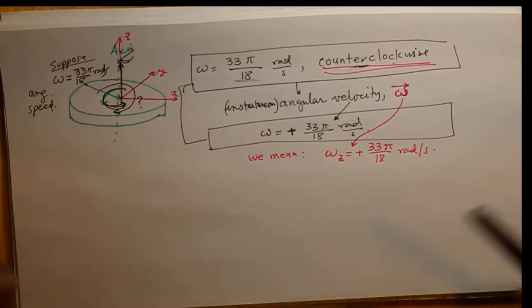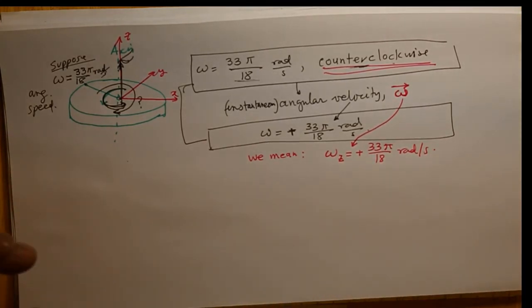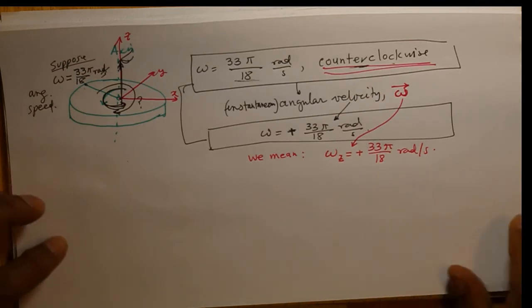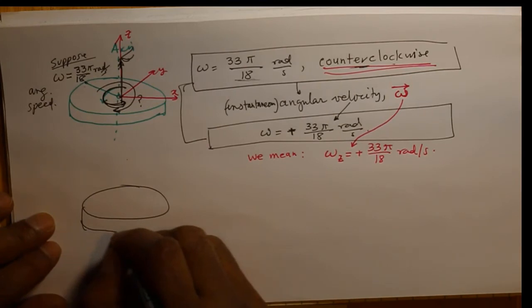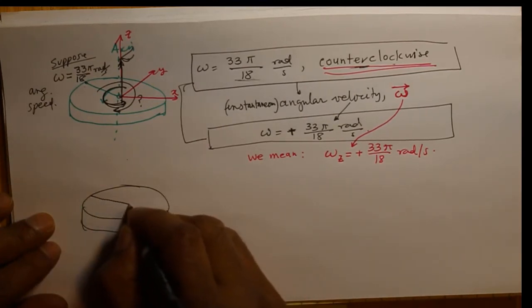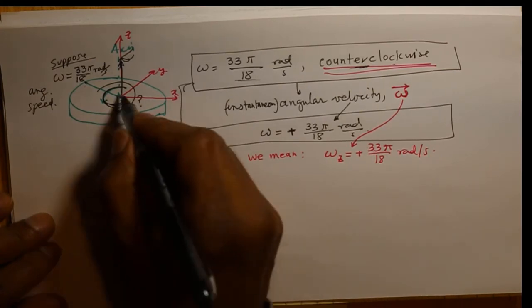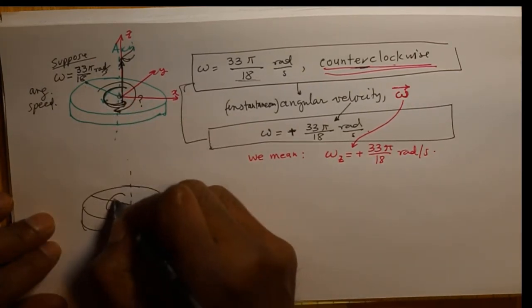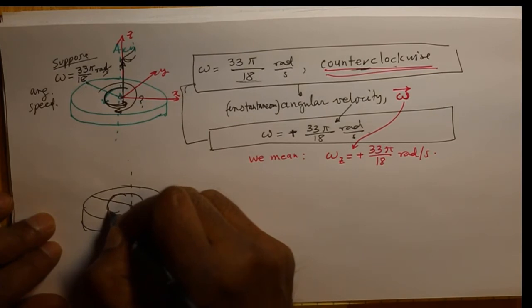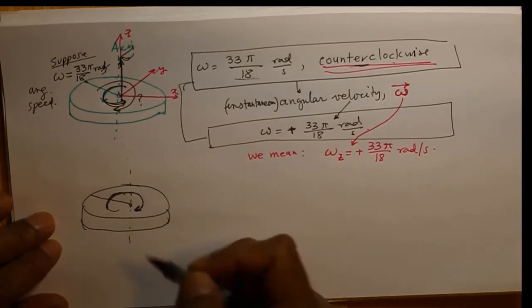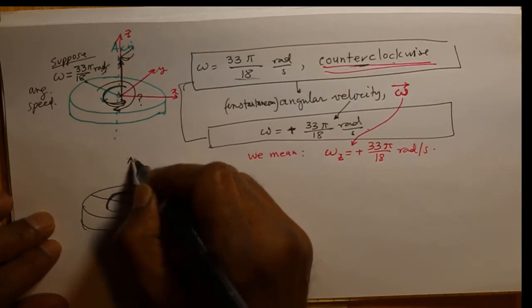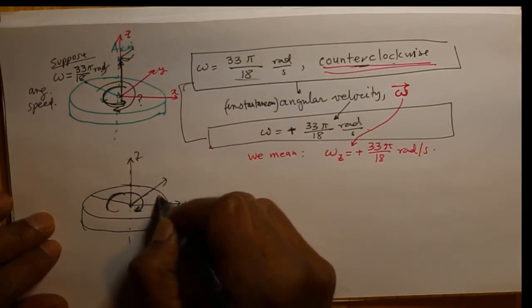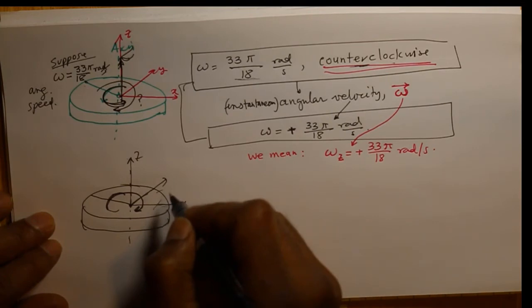That's what we mean. This is very consistent notation, because if I was rotating the other way, this is the x-axis, this is the y-axis, and this is the z-axis. X and y are both in the plane of the disk.